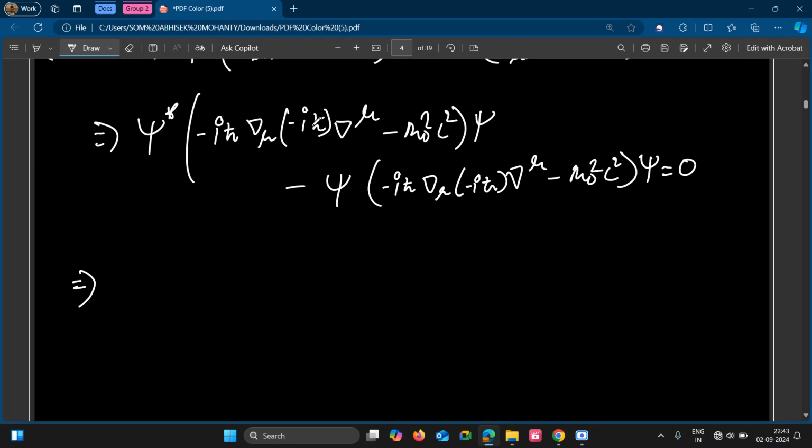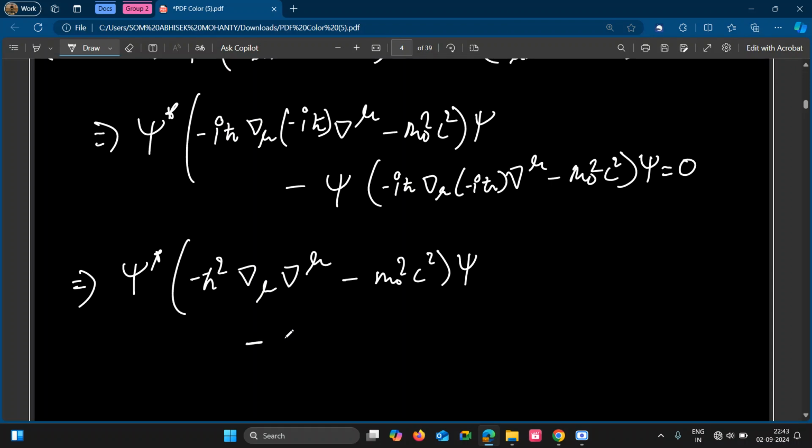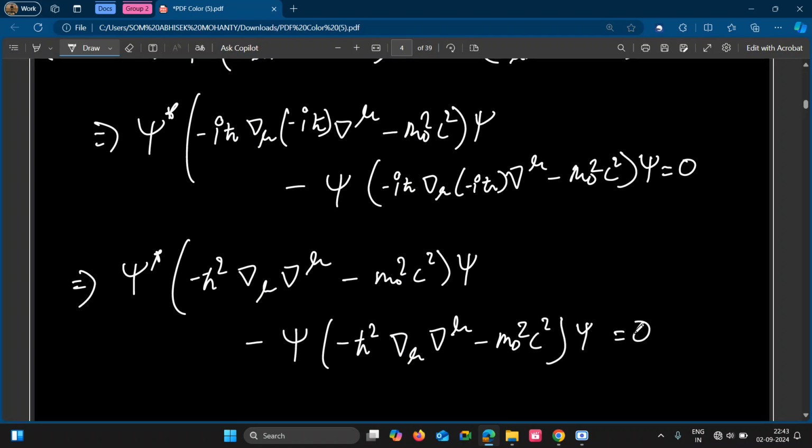Okay, so this you are multiplied, minus 1 times minus 1, so I'm getting h cut squared. So psi star (minus h cut square del mu del mu minus m naught square c square) psi minus psi (minus h cut square del mu del mu minus m naught square c square) psi star is equal to 0.